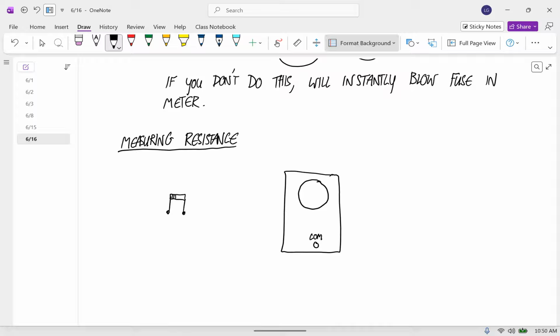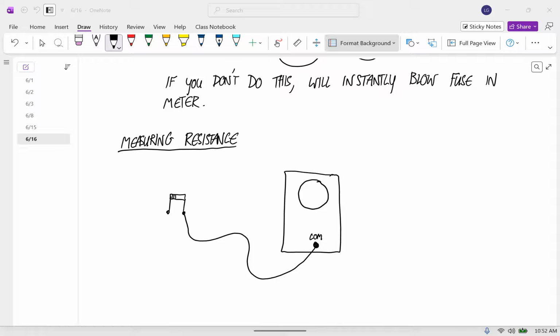So no matter what you're measuring, the black wire is going to go in there. And that will connect to one end of this resistor. Why don't you take out the resistor that's 330 ohms for this? And then use your black cable to go from the common ground to one side of this.